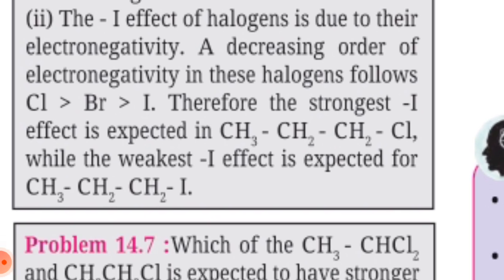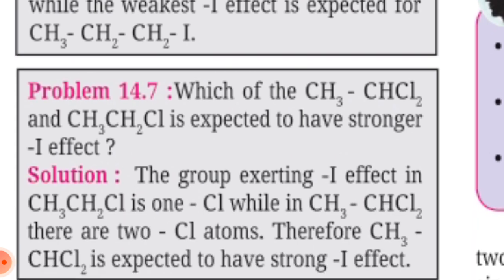The negative inductive effect of halogens is due to their electronegativity. The decreasing order of electronegativity in these halogens is chlorine more than bromine, more than iodine. Therefore, the strongest negative inductive effect is expected in CH3CH2CH2Cl, while the weakest negative inductive effect is expected for CH3CH2CH2I.